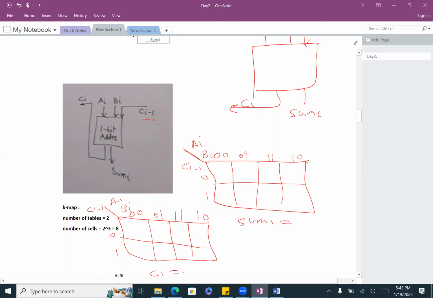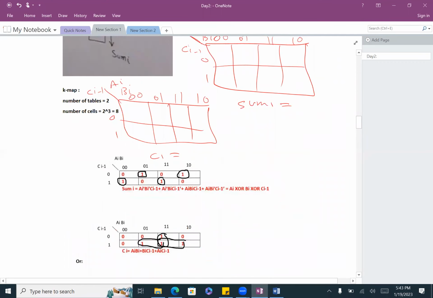Now, what do we have to do now? Next step, throw numbers. Perfect. So let's throw numbers here together. Okay, so the first one is for the sum.